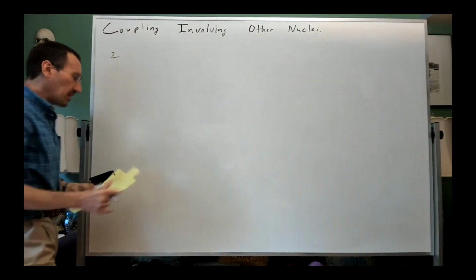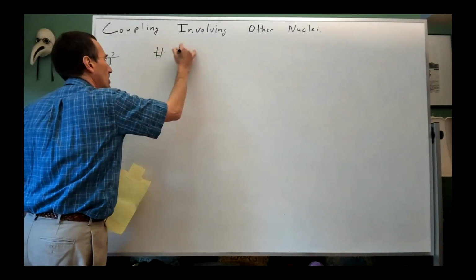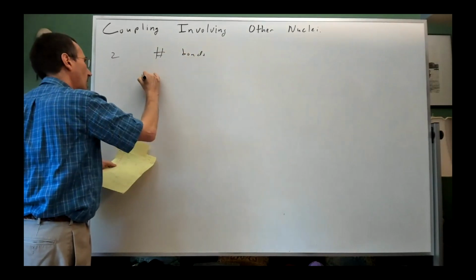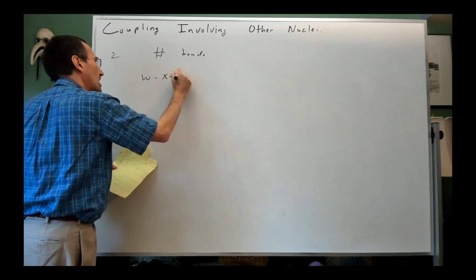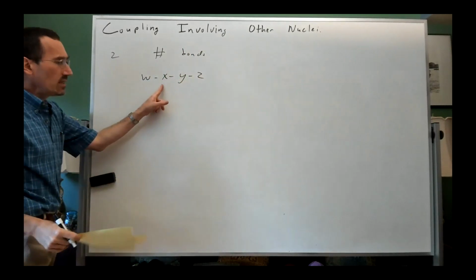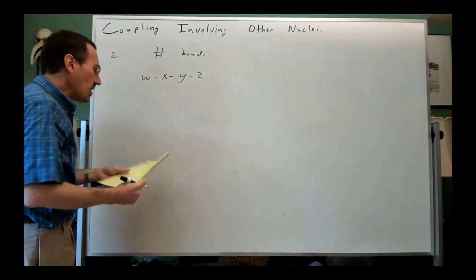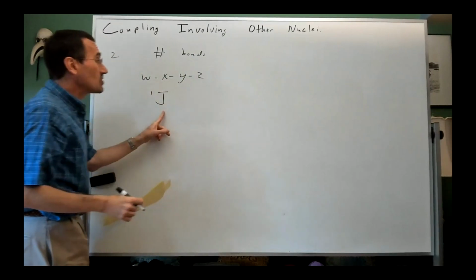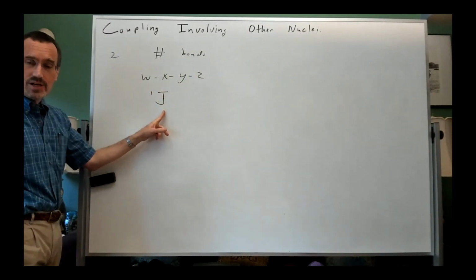Okay, another factor involved: the number of bonds. So if you imagine you have W, X, Y, Z, if you're dealing with one bond couplings, J1 is generally very large.